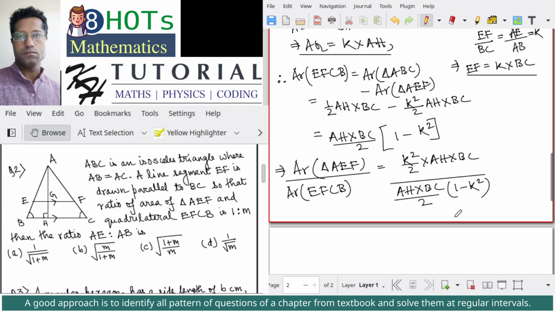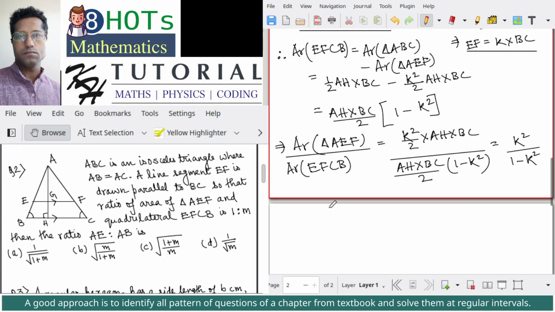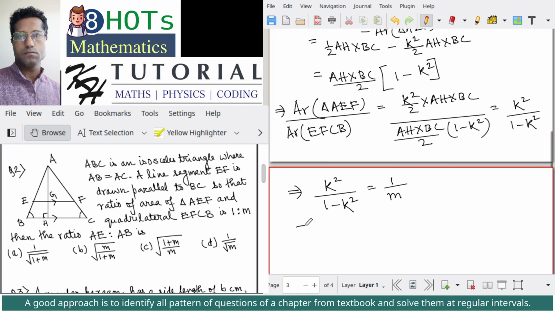If you simplify, AH multiplied by BC by 2 will get cancelled out, and this will become k square by 1 minus k square. So this is the ratio. The ratio is already given to be 1:m, so we must have k square by 1 minus k square equal to 1 by m. From here we have to find k square, or k.